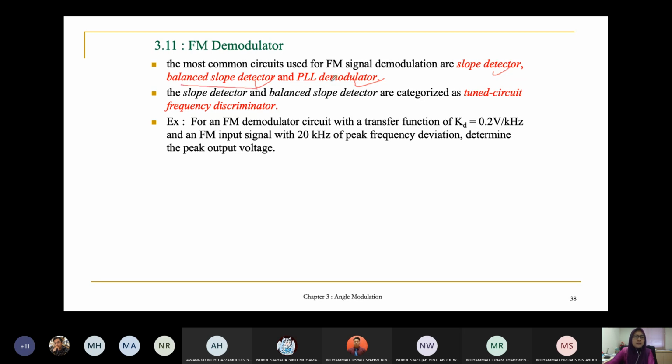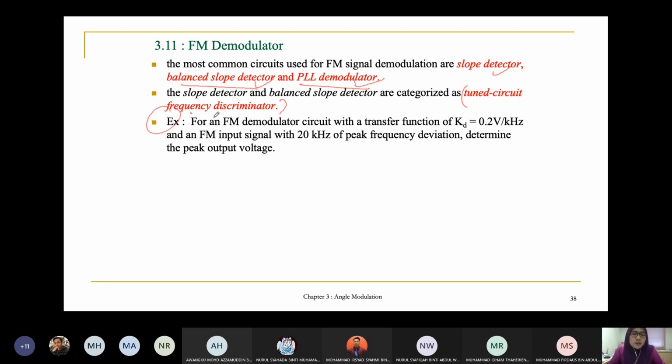The balanced slope detector and the PLL demodulator are categorized as tuned circuit frequency discriminators. Before we continue with the tuned circuit frequency discriminator, let's try this example.